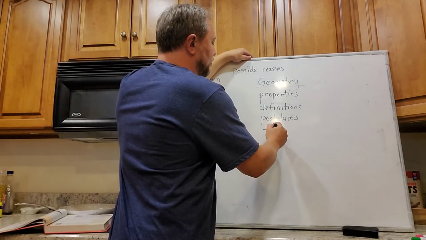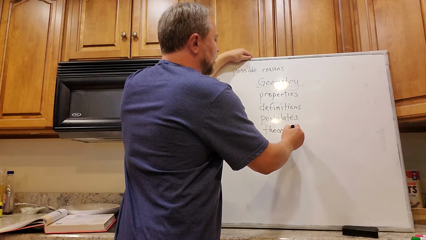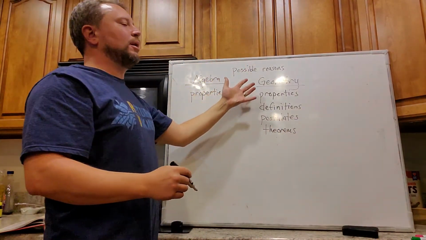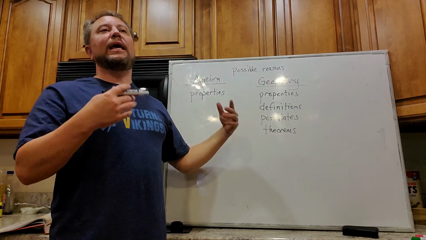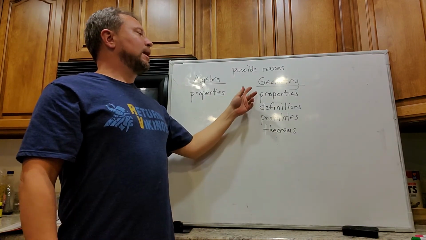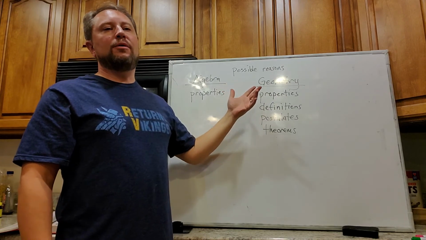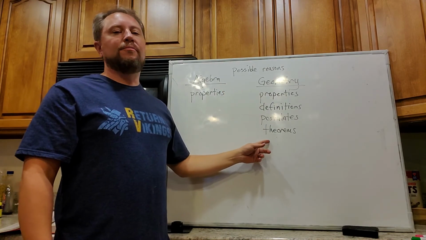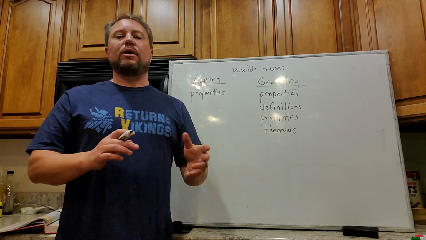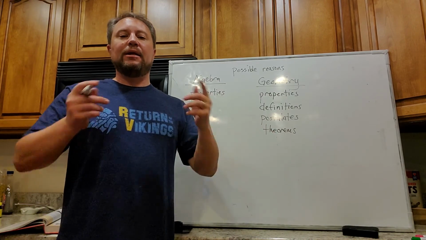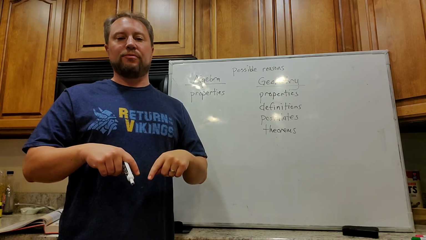You'll even have theorems, and I know, in geometry, that's the whole point. Theorems are statements we can prove, and so the proof that you might be doing might be a proof of a theorem, but that doesn't mean you can't use other theorems that we already have proven in your theorem proof.